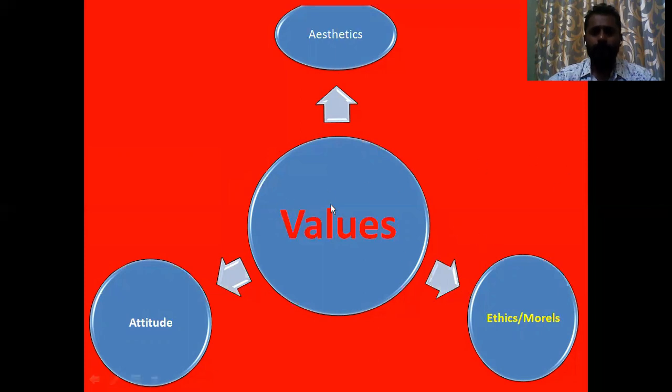All values are not in the form of good or bad. Some values cannot be gauged with the parameter of good and bad. These are known as aesthetics. Music is one such example. Aesthetics cannot be said to be good or bad.